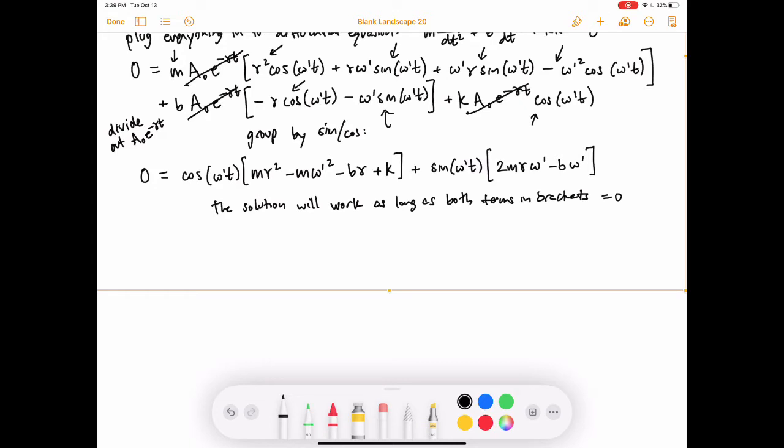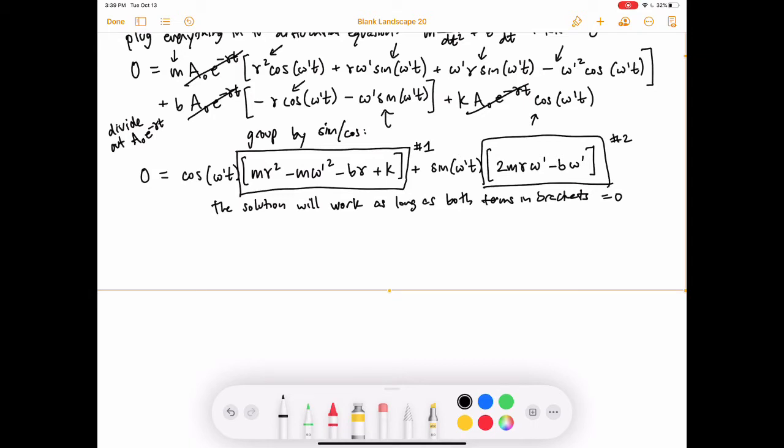Okay, so I'm talking about this guy right here. Let's label this number 1. And also this guy right here, number 2. They both have to equal 0 in order for the net result to equal 0.